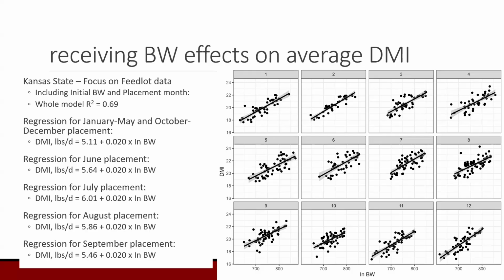They just have a lot more insulation through that fat. Compared to an animal that's placed on feed in the summer months, when they're their heaviest, it's going to be in those cooler months of the year. So they do better and will eat more feed whenever they're heaviest is aligned with cold temperatures. Make sense?